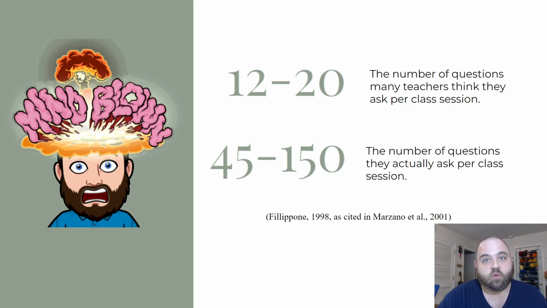When teachers were asked how many questions they ask in a class period, the teachers who answered that they think they ask 12 to 20 questions per class period, when the researchers doing this study measured the number of questions they asked per session, actually found that those teachers were asking something on the order of 40 to 150 questions.